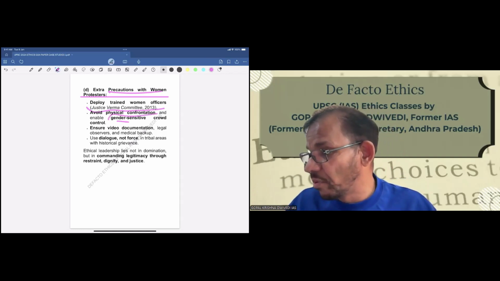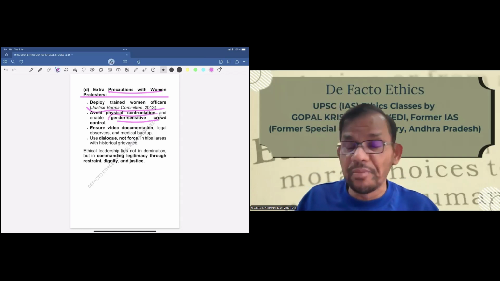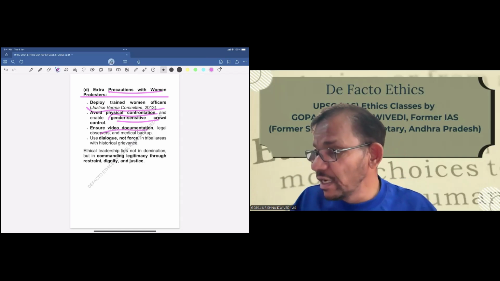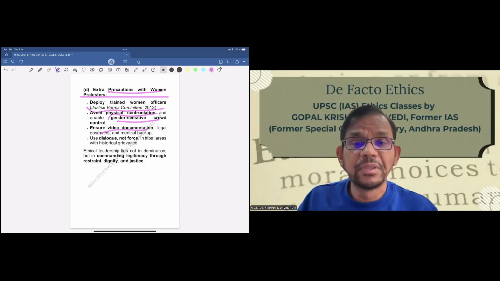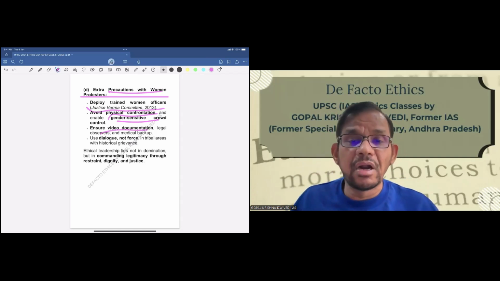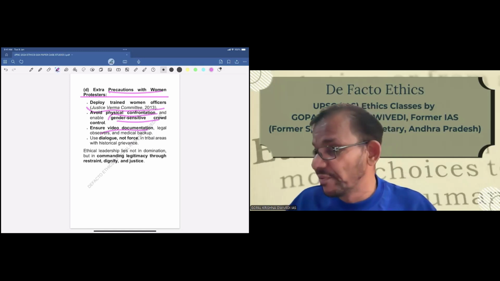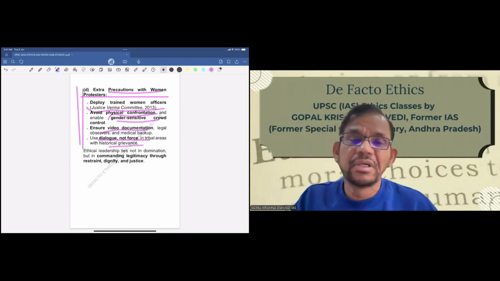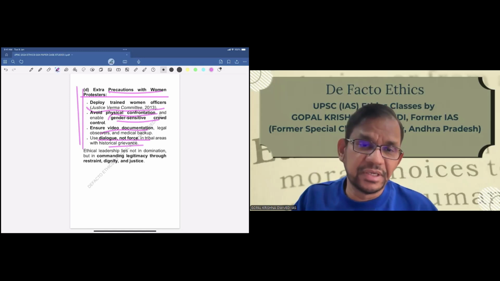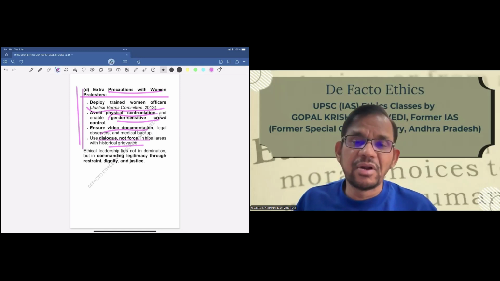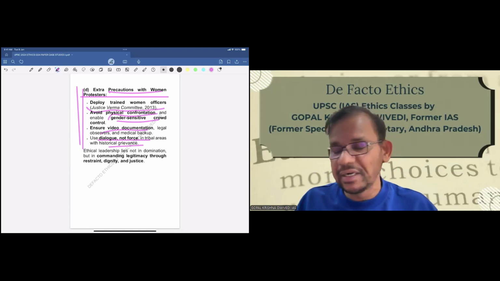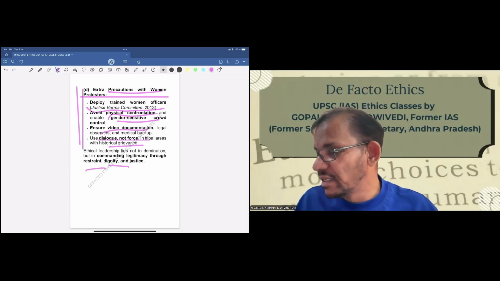Ensure video documentation, legal observers and medical help backup. Then use dialogue, not force, in tribal areas with historical grievance. So these are the extra precautions which can be taken with women protesters. Ethical leadership lies not in domination, but in commanding legitimacy through restraint, dignity, and justice.